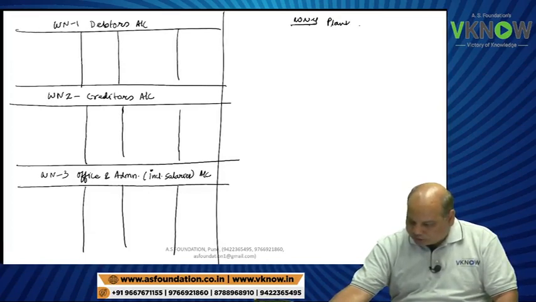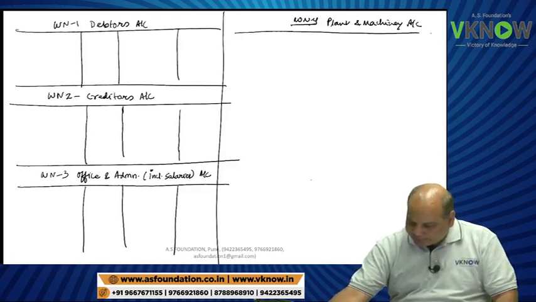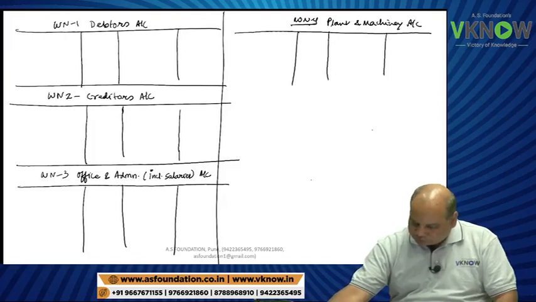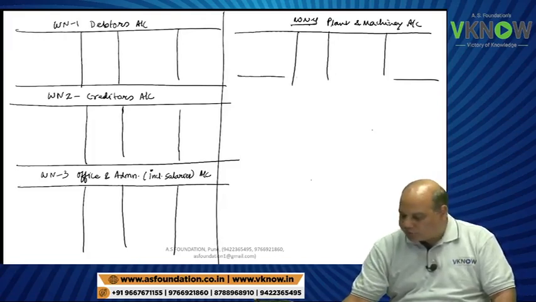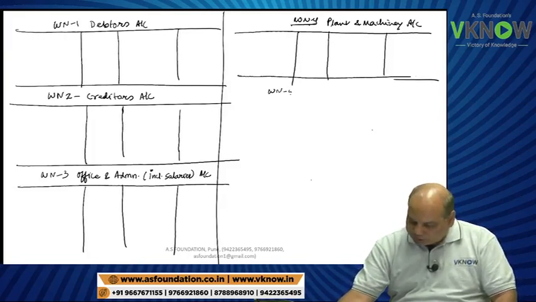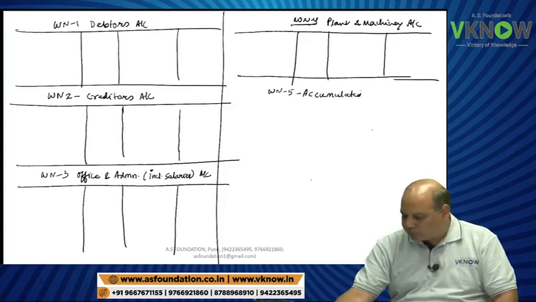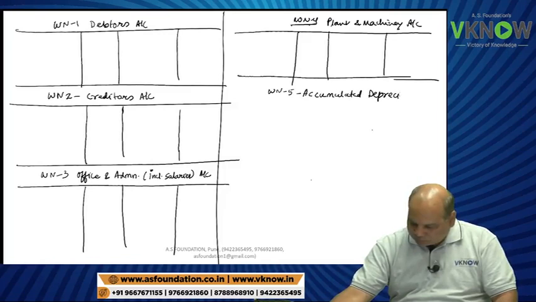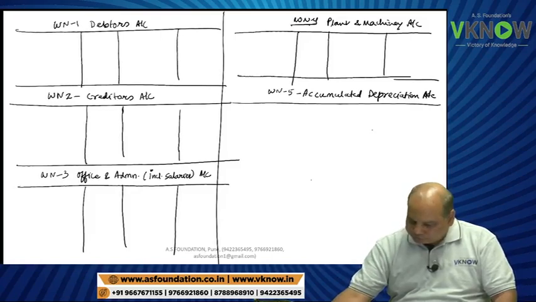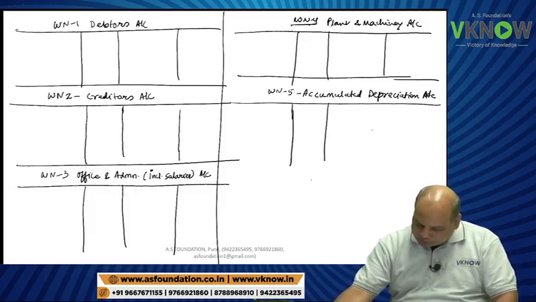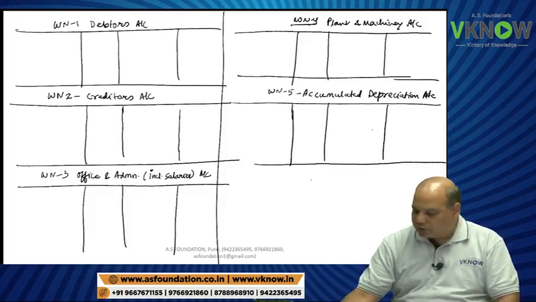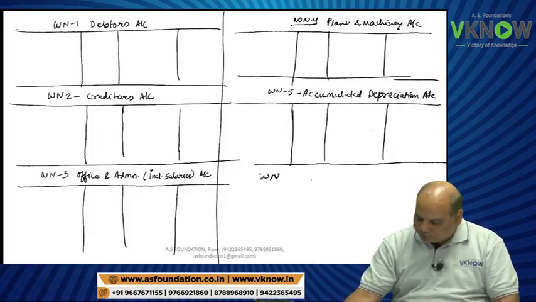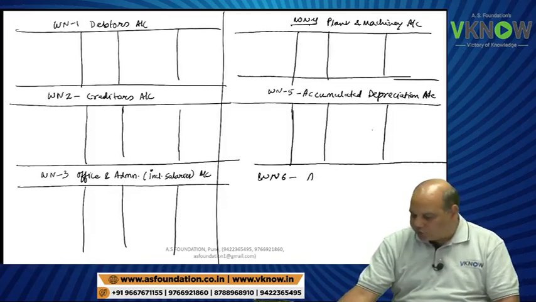Please write down working note 4, plant and machinery account, about 6 lines. Then working note 5, accumulated depreciation account, and working note 6, asset disposal account.